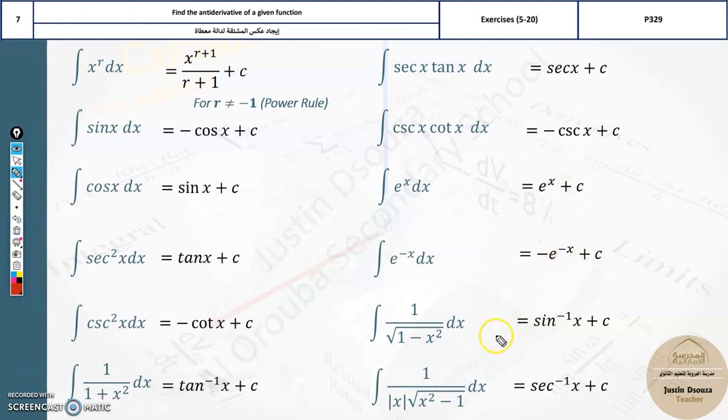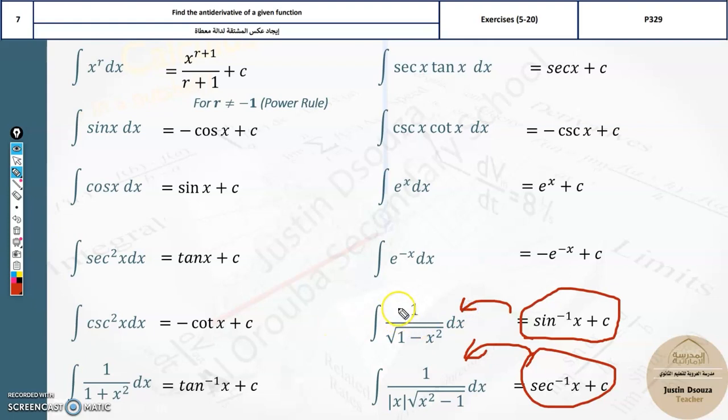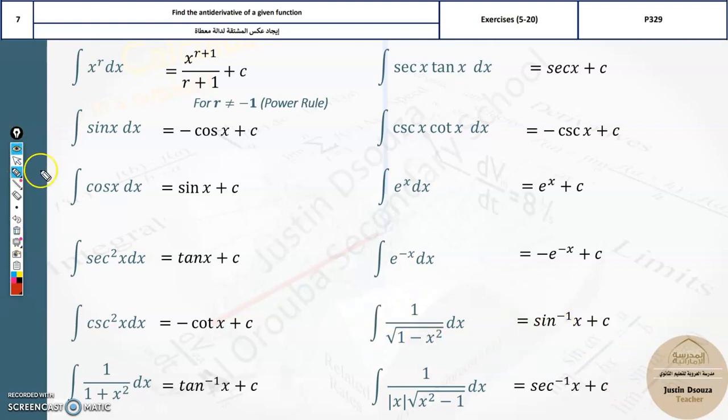And similarly, the other formulas. These were the questions for derivatives, and this was the derivative formula. Now we have the answers, that is, integrate the formula, get back the derivative. What about these minus signs? If you look closely, these minus signs are only at the co-functions: cos, cosec, cot.